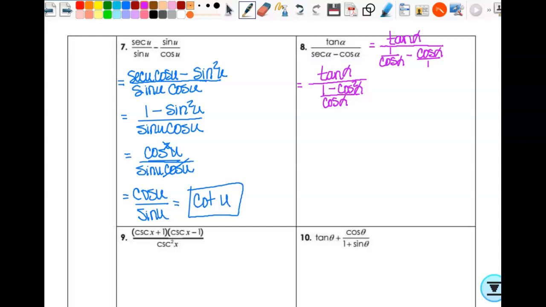All right, so I'm going to just rewrite my numerator again, tangent of alpha over, so what's 1 minus cosine squared? Sine squared. So this is going to give me sine squared alpha over cosine alpha in my denominator. Everybody okay so far?